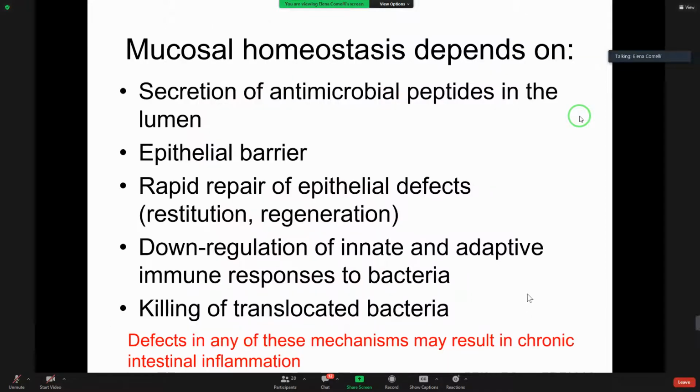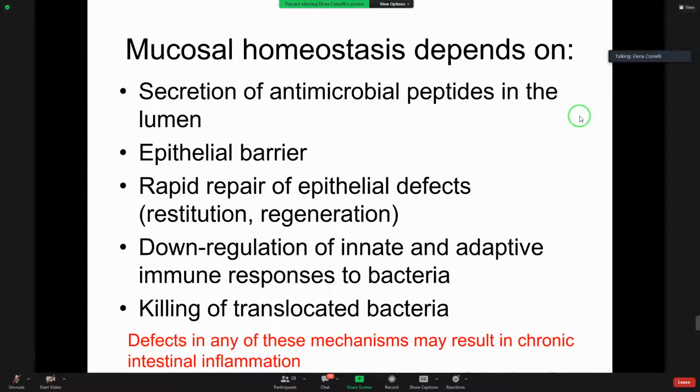But this intestinal homeostasis depends on several mechanisms: the secretion of the antimicrobial peptides in the lumen that help to keep under control the number of commensals, but also potential pathogens, the epithelial barrier, the rapid repair of epithelial defects, the downregulation of the innate and adaptive immune responses, and the killing of bacteria that may translocate across the intestinal monolayer.